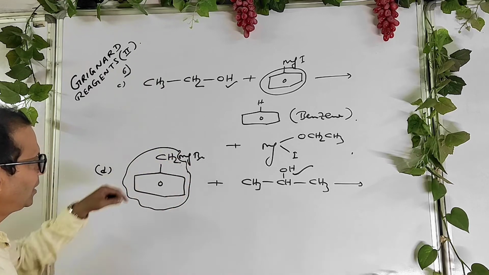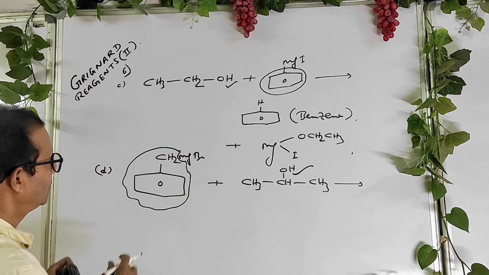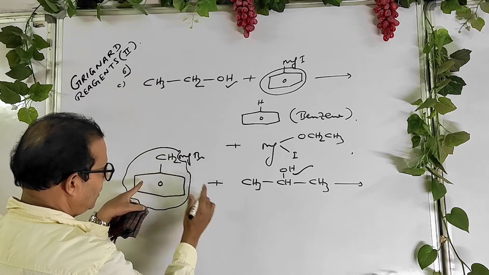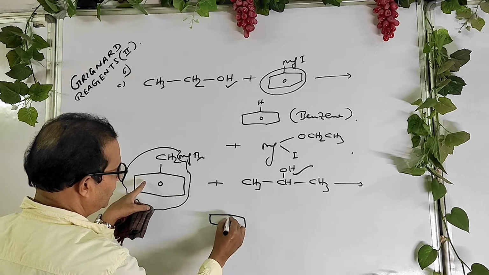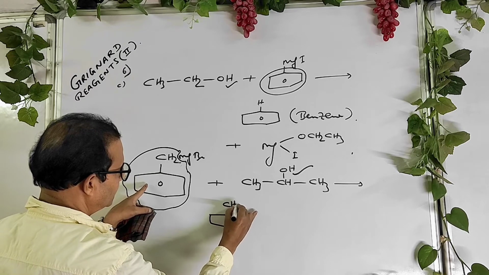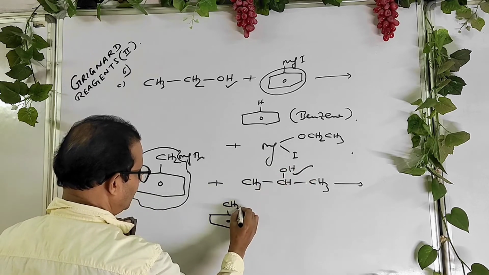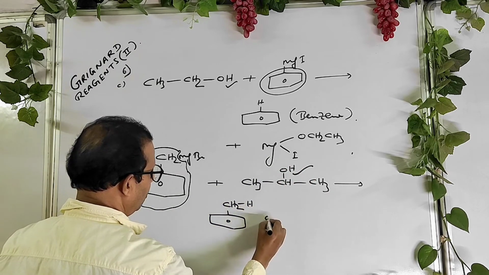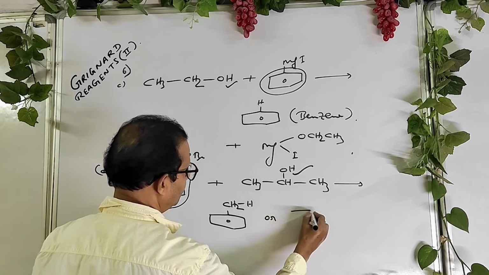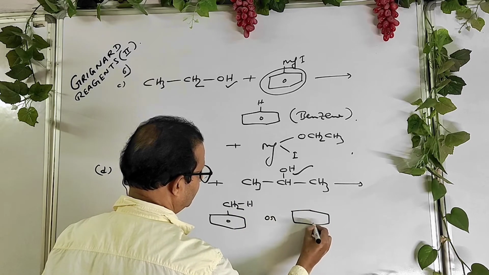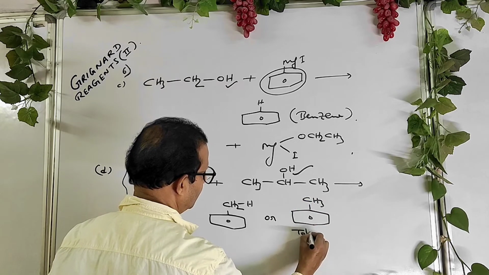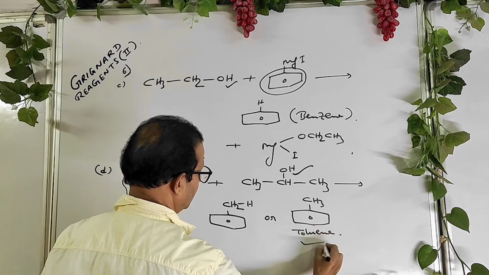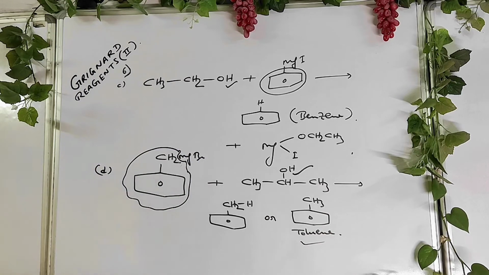Please correct it. So you get this part, that is the alkyl or aryl part of the Grignard reagent, and one hydrogen atom here. You get toluene. I think you understand it.